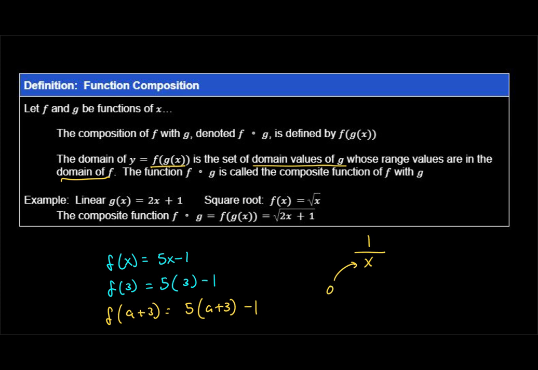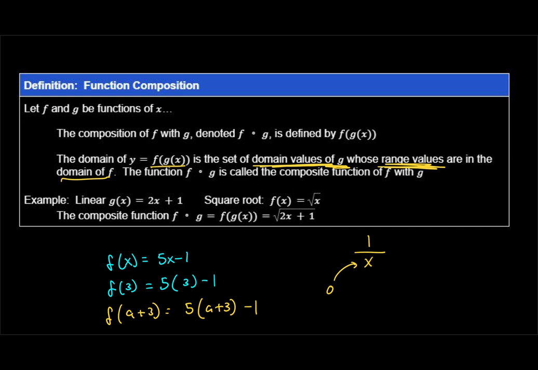So if 0 was in the range values or the outputs of g, we would not be able to use that as part of the overall function. So whichever x values would trigger the y value of g to be 0, we would have to eliminate that from the possible domain values of this composed function.